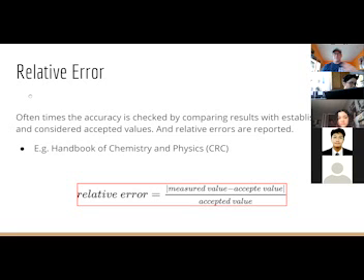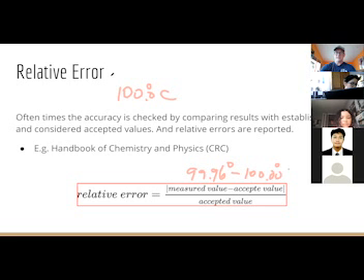So a relative error is just looking at what should be the right answer and what we measure as the answer. For instance, going back to the idea of measuring the boiling point of water, we know it should be 100.0 degrees C. But if we measure it at 99.96 degrees C, and it should be 100.00 degrees C, then there's some kind of error in it.